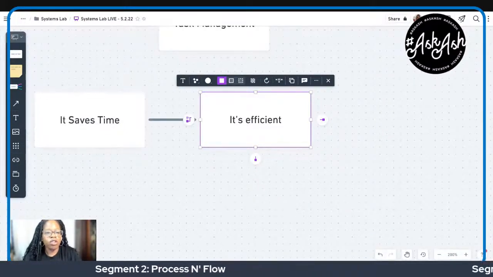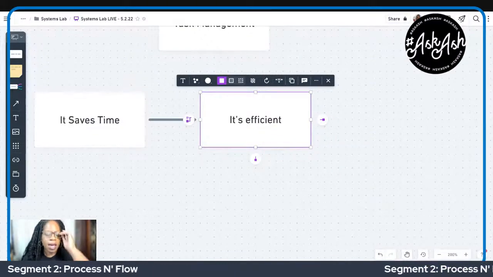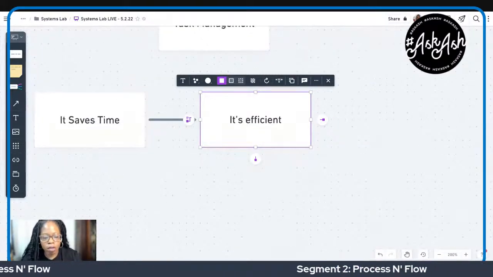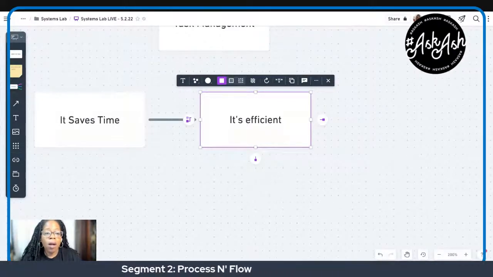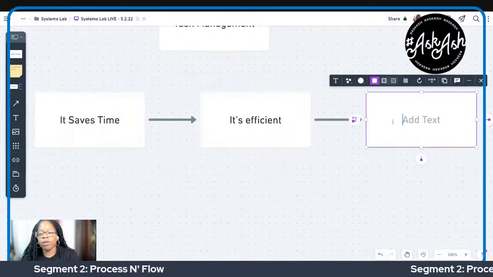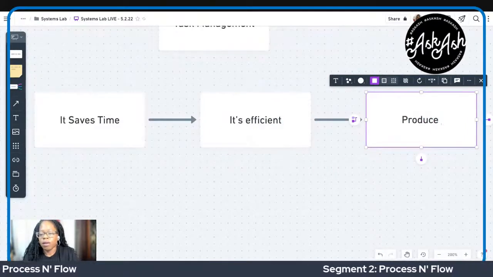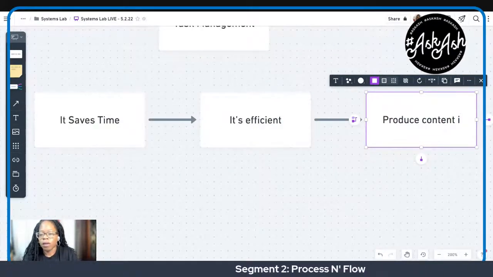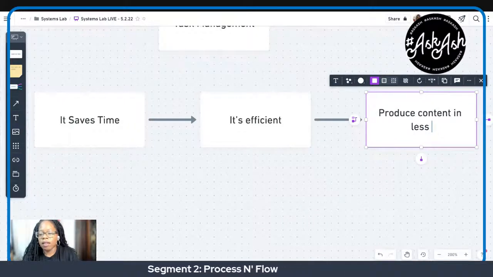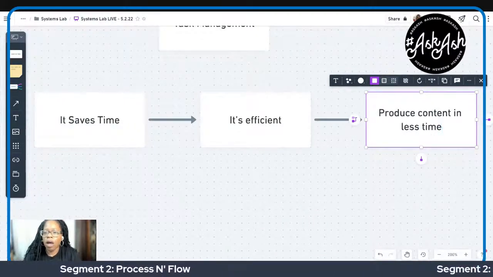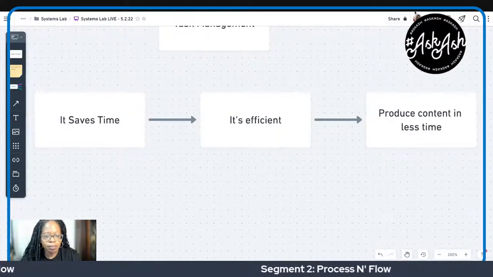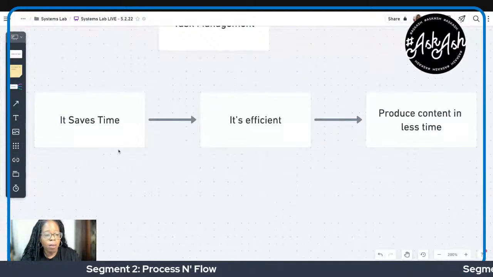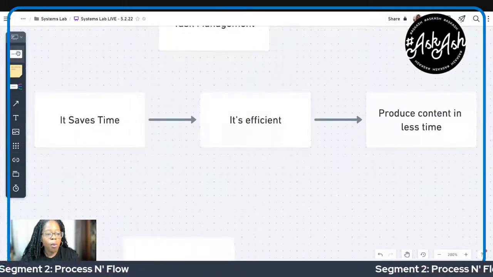Anybody else want to guess? Well, you can produce content in less time as well. And also too, you'll produce quality content. Those are some of the reasons.